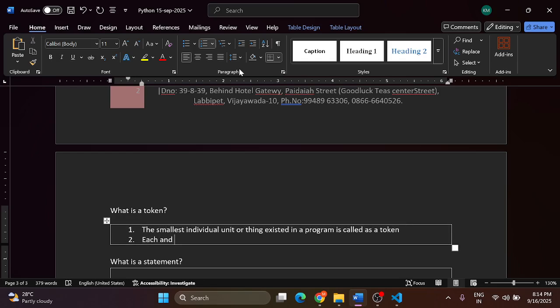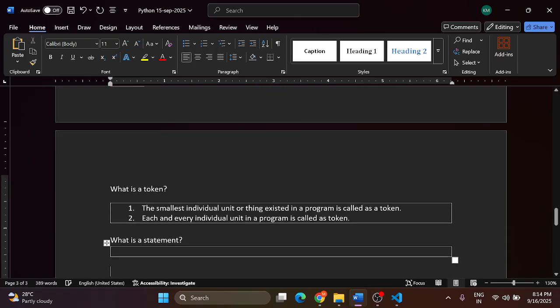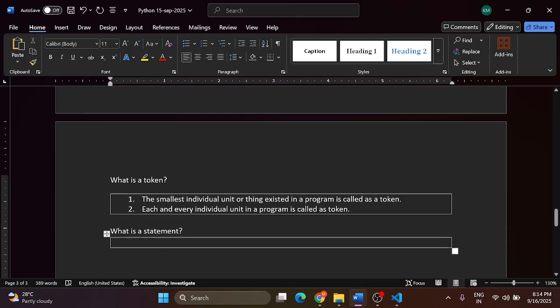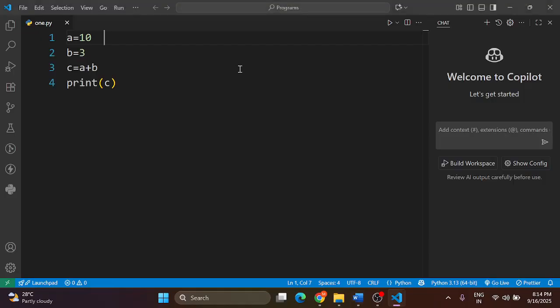Each and every individual unit in a program is called a token. These are tokens.